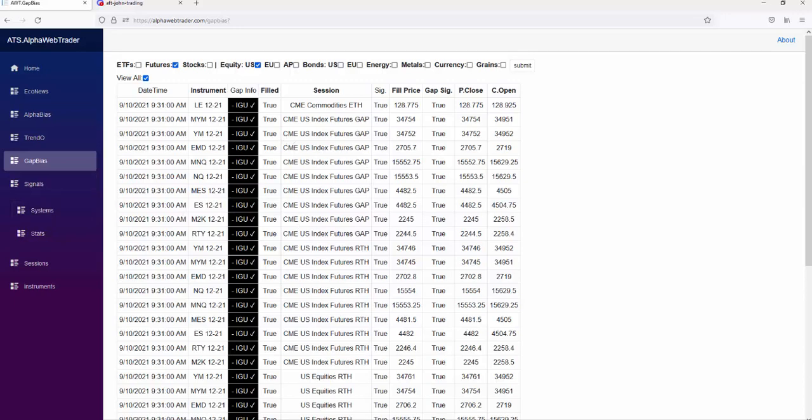But this gap filter, you notice it says IGU. Here's the MYM, the YM, the S&P mid cap, the micro NQ, the NQ, the MES, the ES, Russell, and so on. You see it all said IGU. So that's what we would have seen at 9:30 at the open on Friday. What that means is we have inside gaps to the upside.